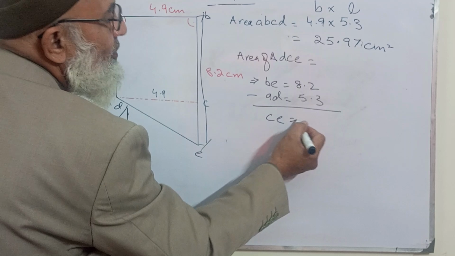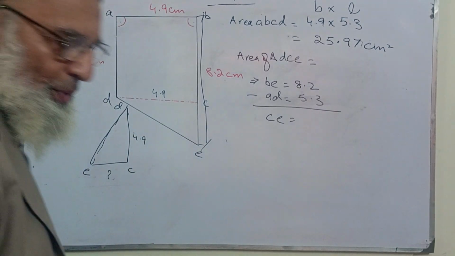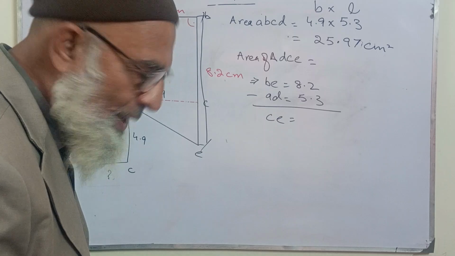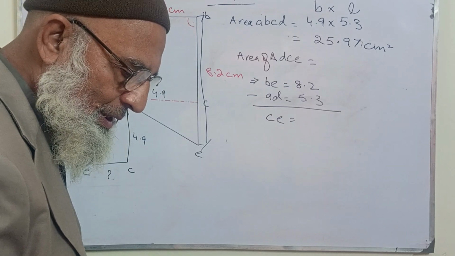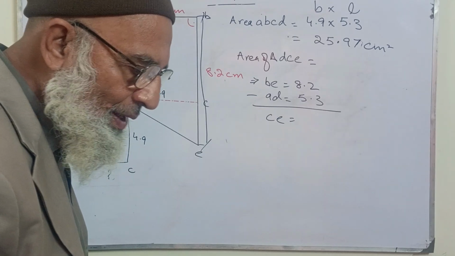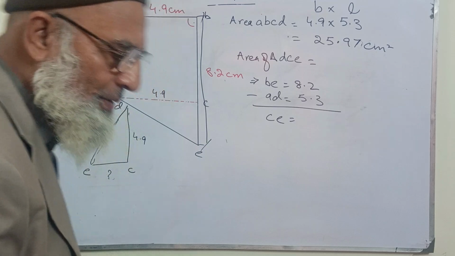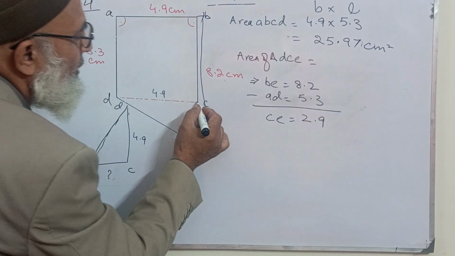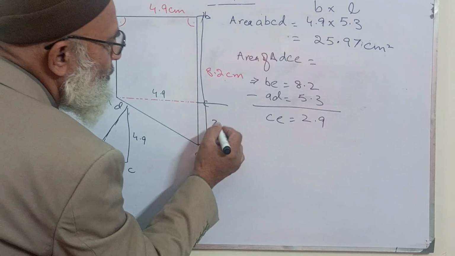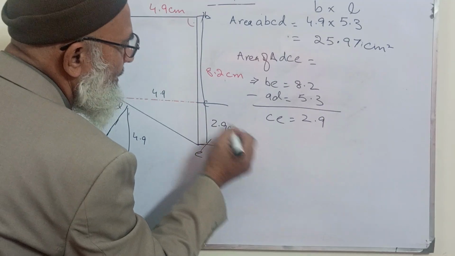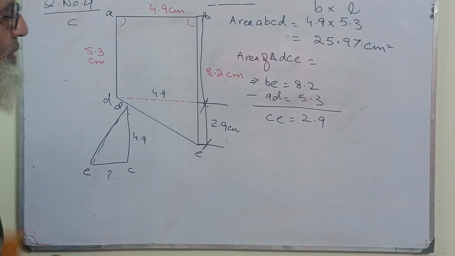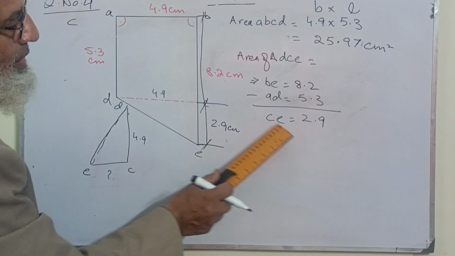CE is equal to 8.2 minus 5.3, which is 2.9. Now this portion only, from here to here, is 2.9 centimeters, which is CE.